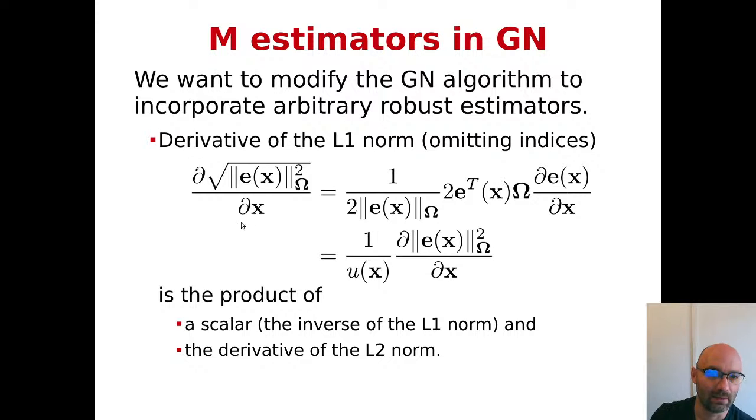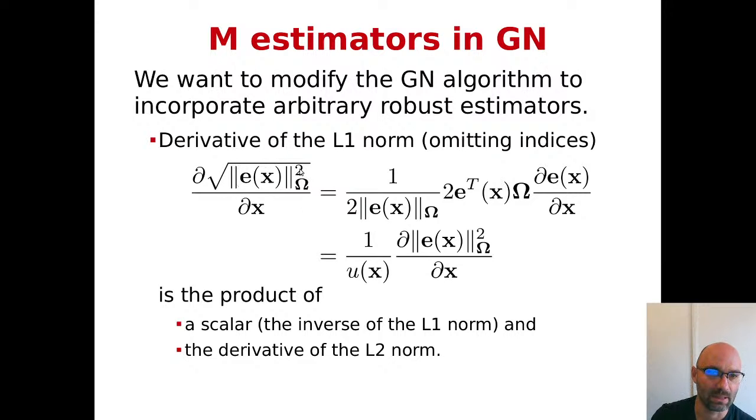There is the derivative of the square root, which is 1 divided by 2 times the square root of the argument, and the argument is the L2 norm, so we can just remove the square root and the square here and leave the L1 norm, times the derivative of the argument.